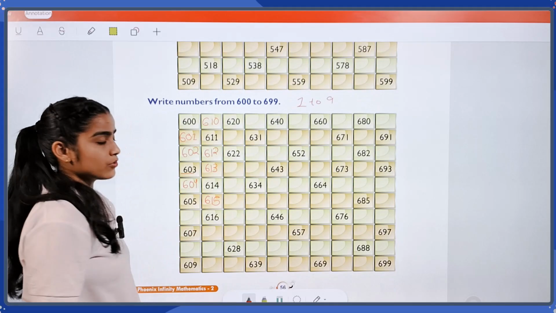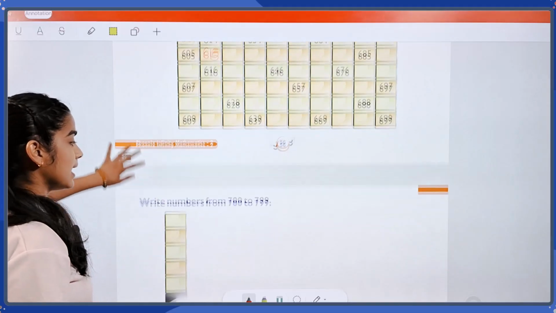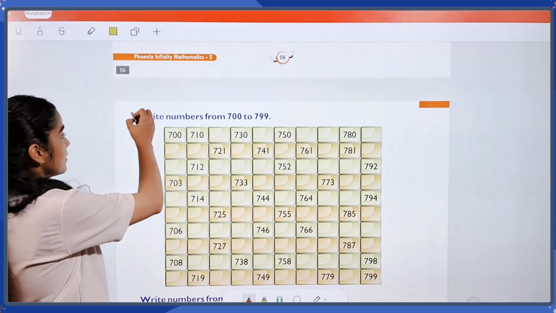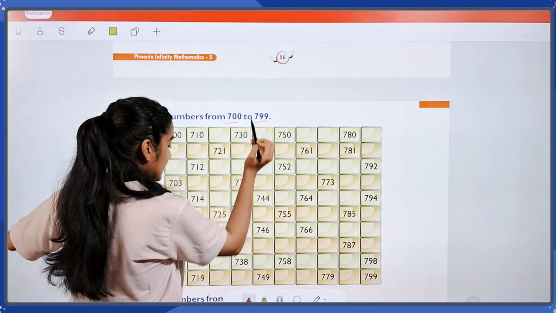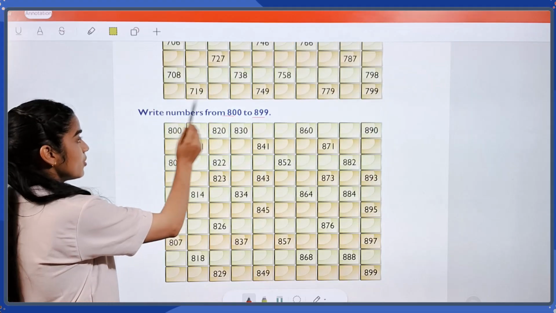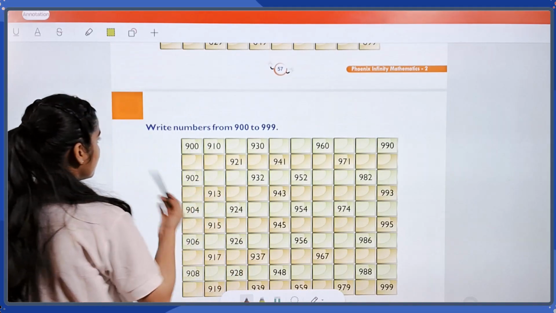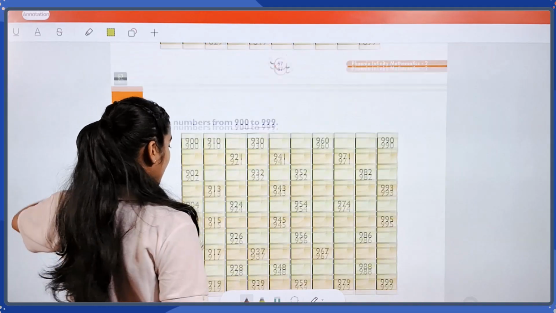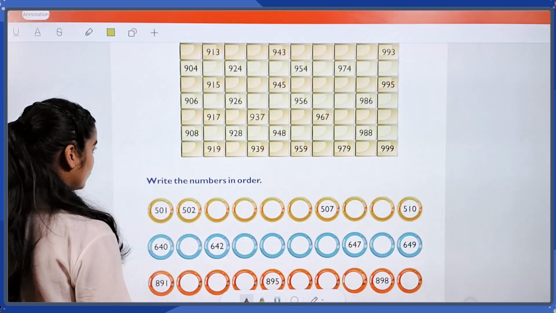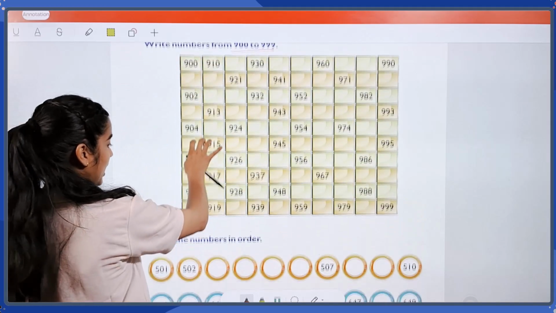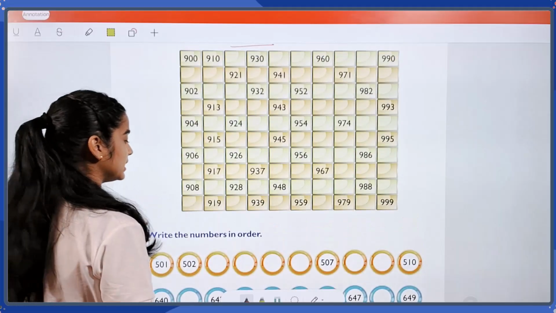So students, now you can complete this table as we do. Now you have to do the same for 700 to 799, 800 to 899, and 900 to 999. With that, you can end your counting at 999. After that, you have 1000.